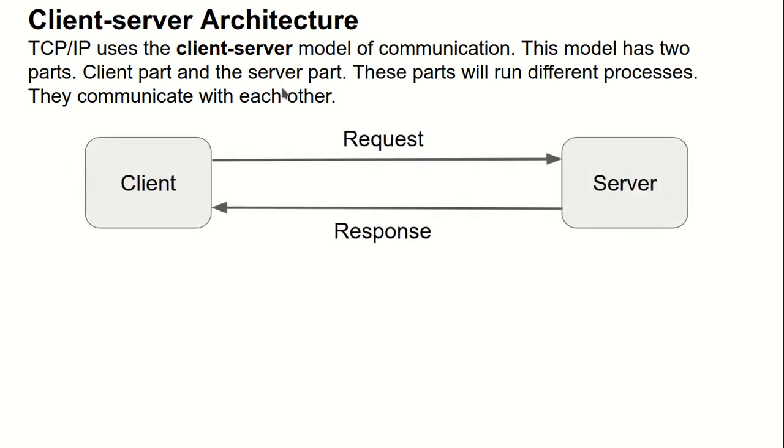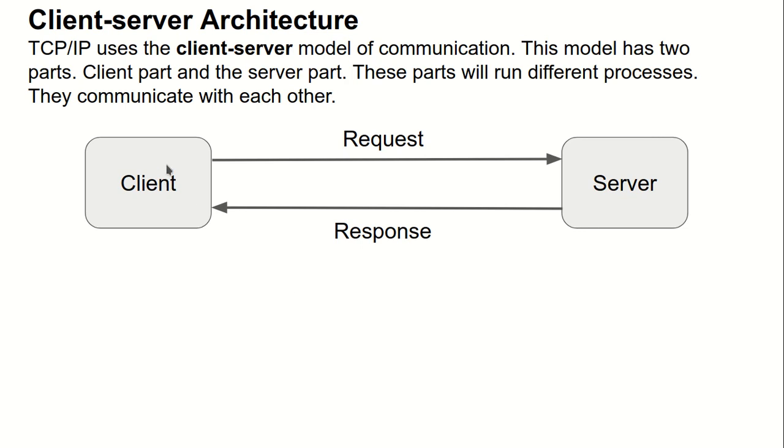Now let's take an example of how the client-server architecture works. Here a client sends a request to the server. Let's say the client sends a request to access a Google web page. The server finds the Google web page in itself and then gives the response back to the client.